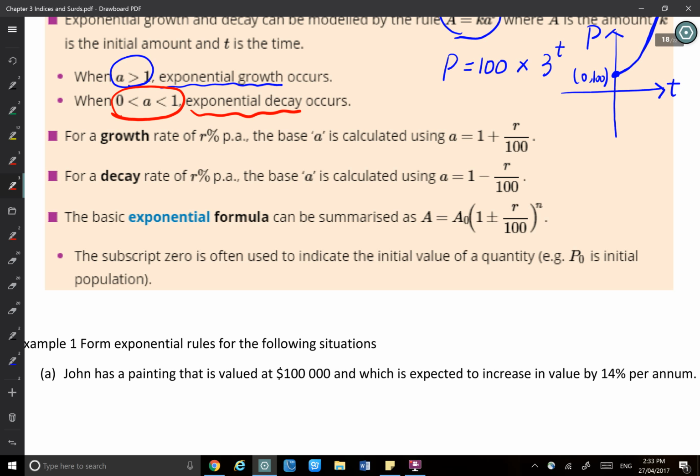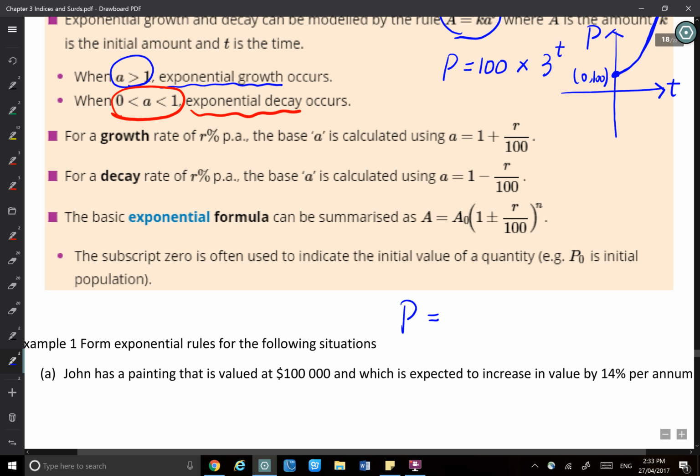Let's say we are talking about the population of monkeys, but some disease happened in this town and the monkeys are dying. The number is reduced. So for a reduced population, the population equals, initially we have 1,000 monkeys, say, times a half to the power of t.